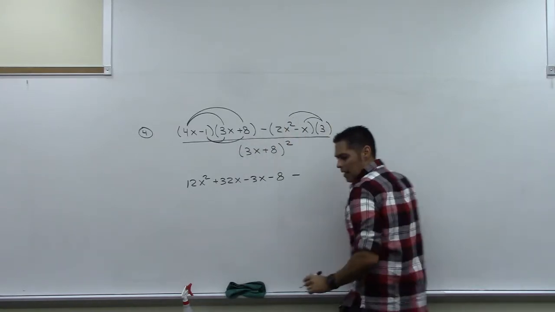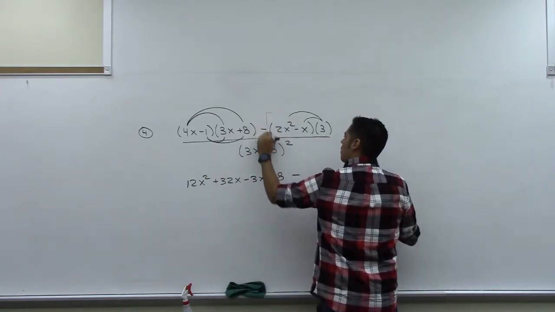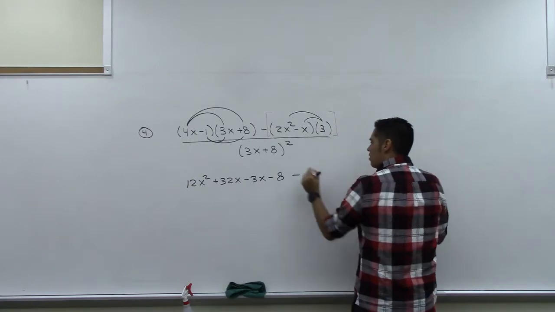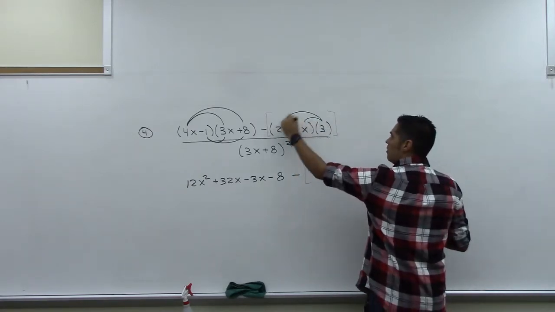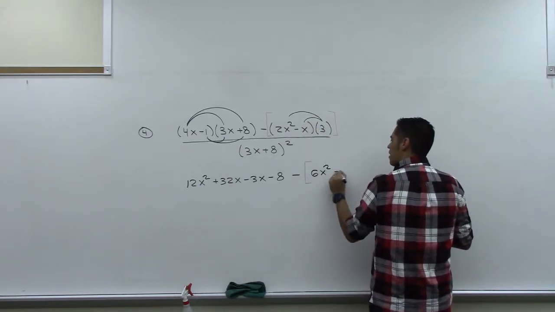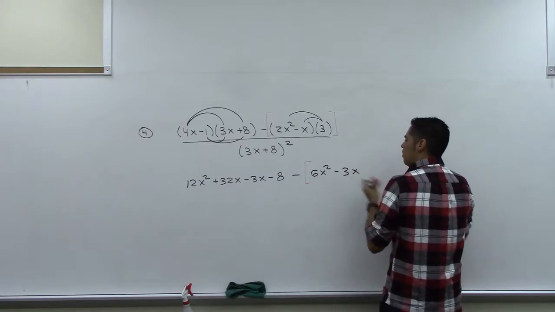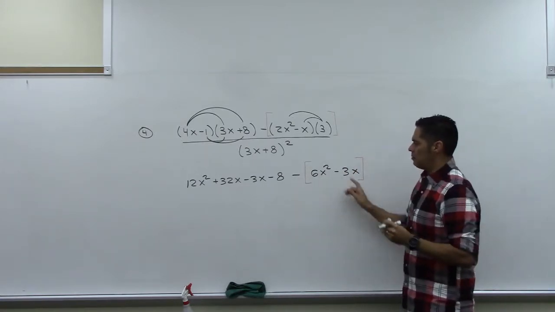So let's figure out what this is first, right here. I'm actually going to put this red bracket to kind of separate it. When we distribute the 3 through here, we get 6x squared, and then we get minus 3x. And that's what would be left if we distributed the 3 through. We still have to pass the negative through.